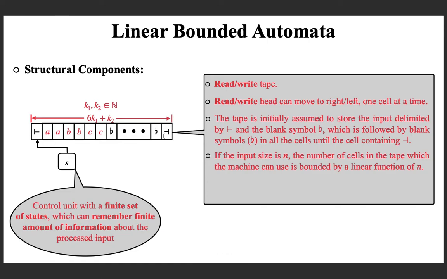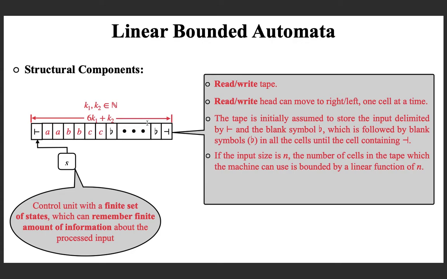And the next point, if you recall, if the input size is n, then the number of cells in the tape which the machine can use is bounded by a linear function of n. For example, suppose there exist two natural numbers k1 and k2, then here you can see that the length of the input is 6, a square, b square, c square.